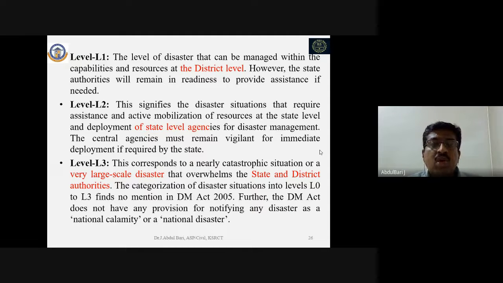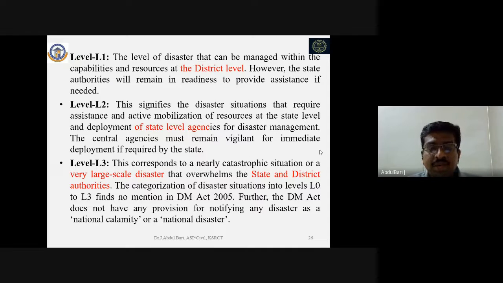Each one is interlinked. For example, the local authorities will seek help from the district level, the district level will seek help from the state level agencies, and the state level authorities will seek help from the national level authorities based upon the disasters. If the disaster is larger, the state level will get help from the national level authorities. So each and every ministry and department will be looking after the Disaster Management Act.